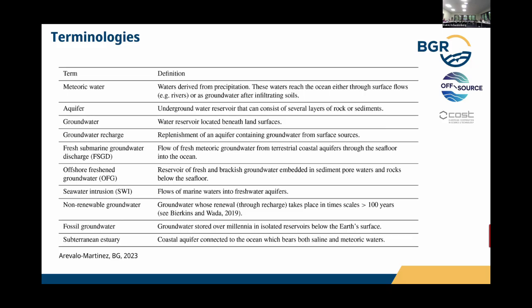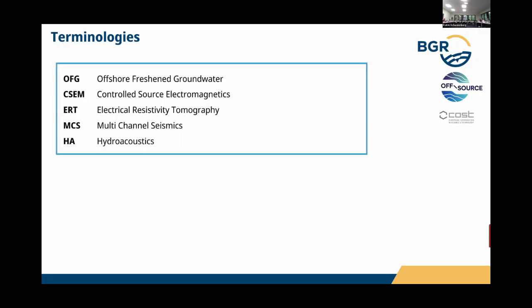The paper also shows some terminologies which might be useful. I don't want to go into detail about that. We talked a little bit about it, and you will get a literature list at one point where you can look at this information. But maybe not all of you are too familiar with these terminologies we use here.